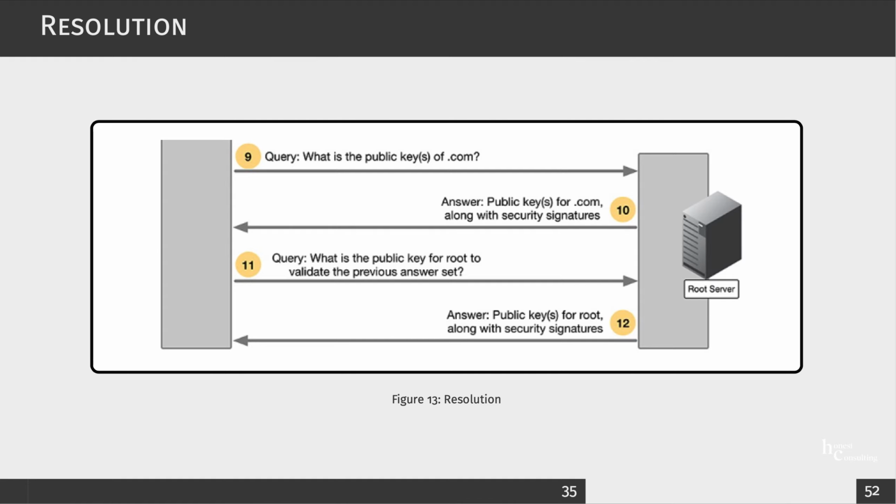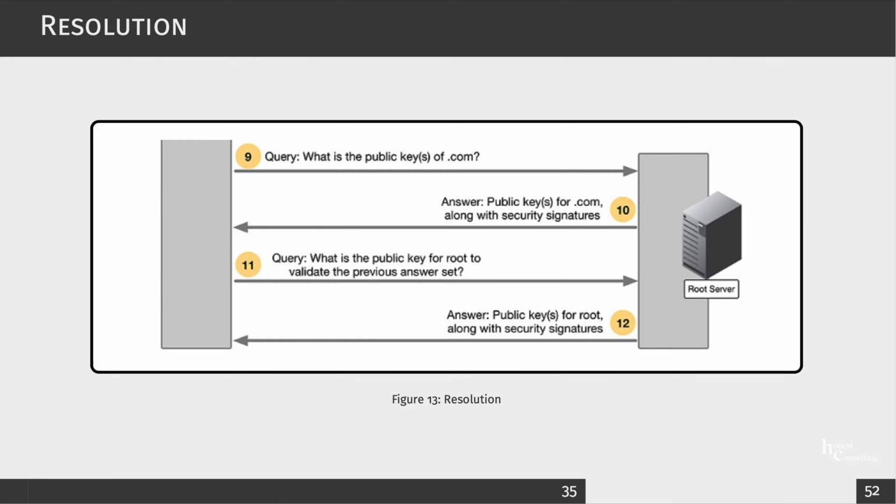The important thing to understand is that all these records and all these signatures are DNS records, so they have a TTL. So the validating recursive DNS server does not have to follow the entire chain all the time for every single query.